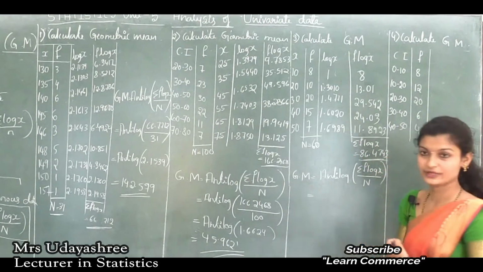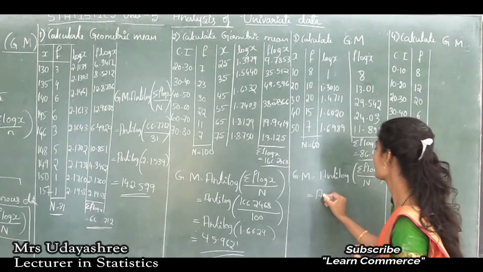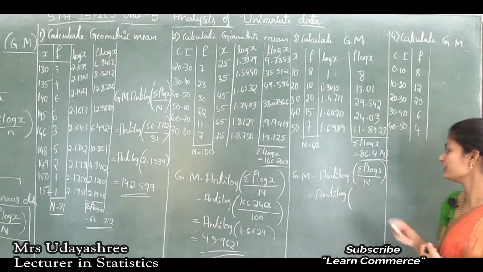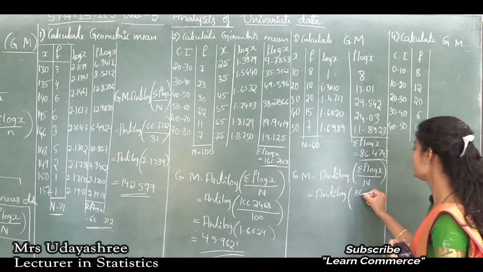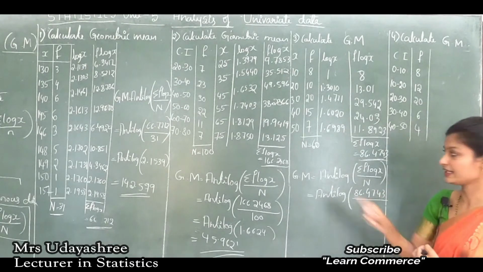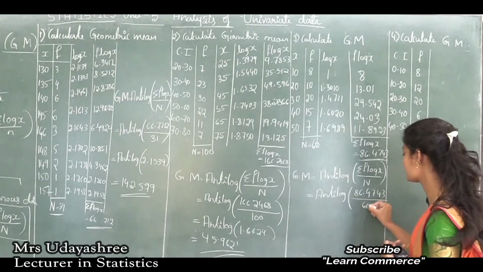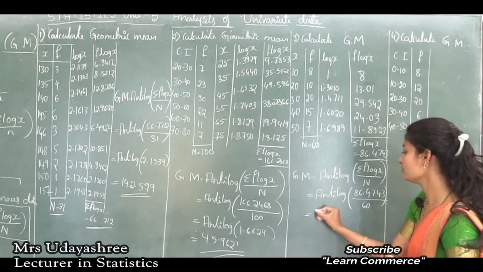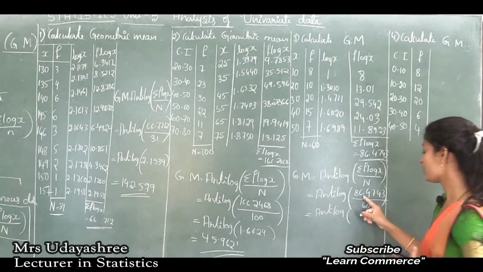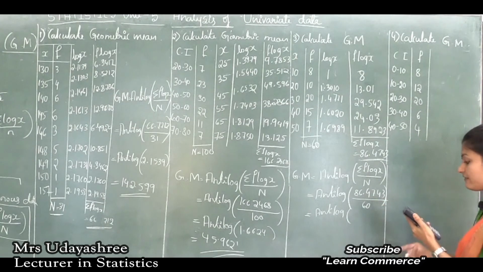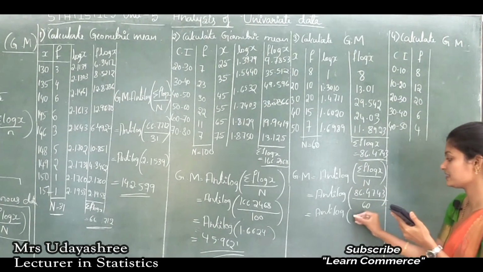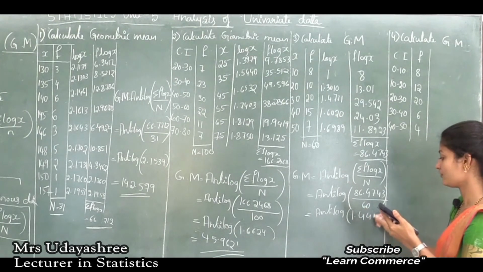So geometric mean is equal to anti-log of summation f into log x, 86.4743, divided by capital letter N. Capital letter N value is 60. So this is equal to anti-log of 86.4743 divided by 60, that is 1.4412.